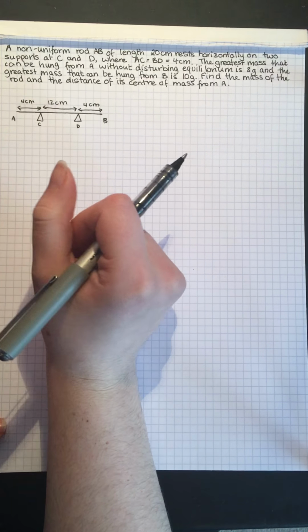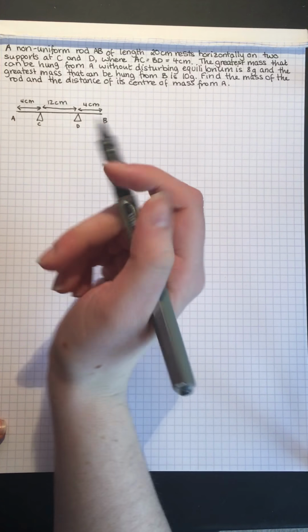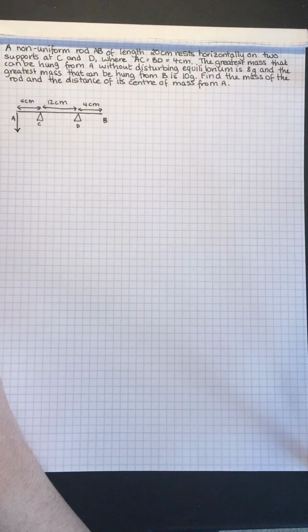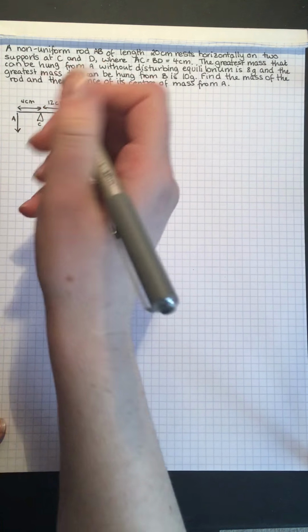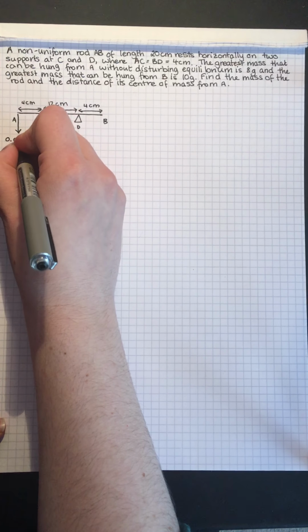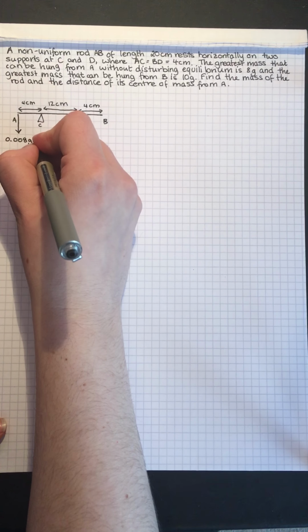Okay. Now, we can assume it's in equilibrium, but the greatest mass that can be hung from A, so if we're hanging something from A, that's going to give a force downwards at A, and that is a mass of 8 grams, so we can write that as 0.008 g newtons.